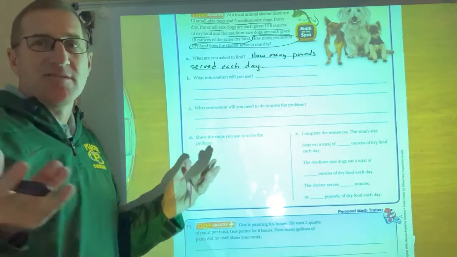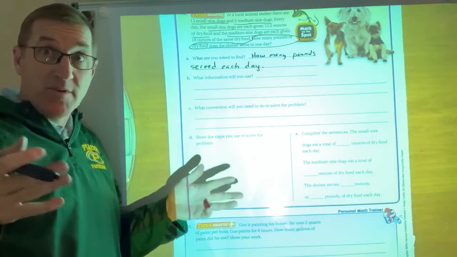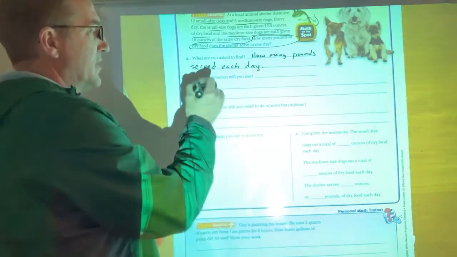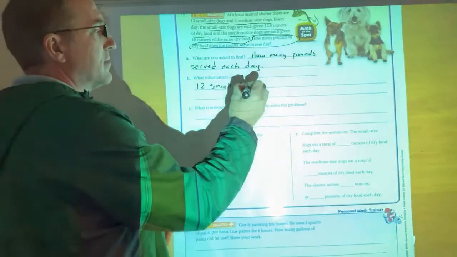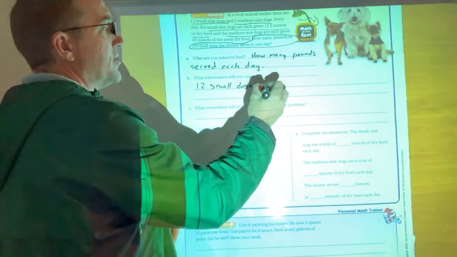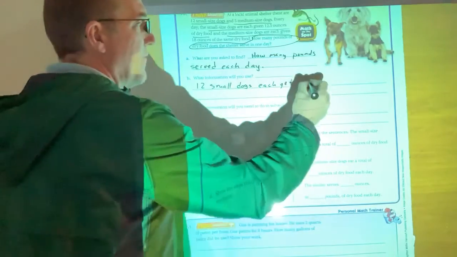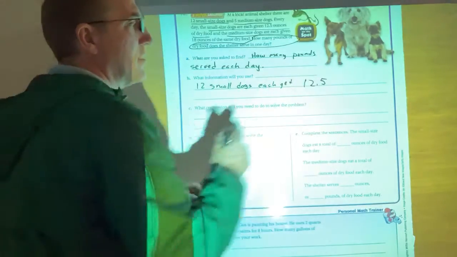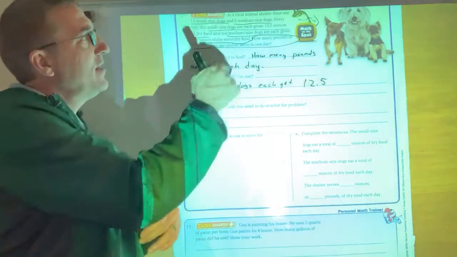And what information are we going to use? How many dogs, and how much they eat, right? So we've got 12 small dogs. Each get how much? 12.5. Okay, so we're going to do some multiplication here. And we've got, how many little doggies are there?